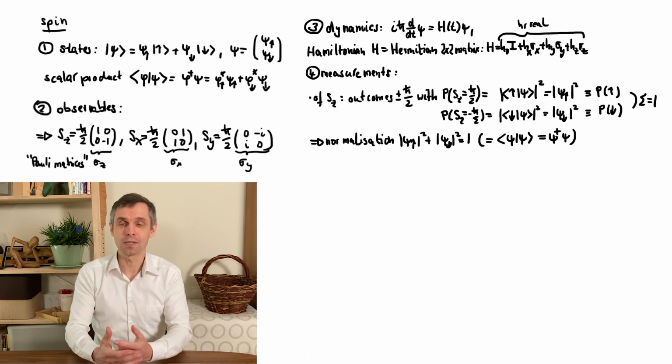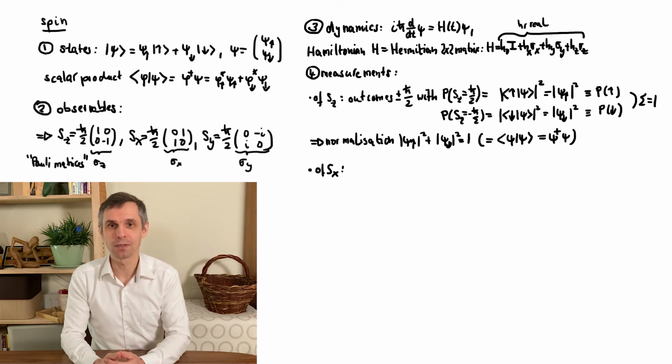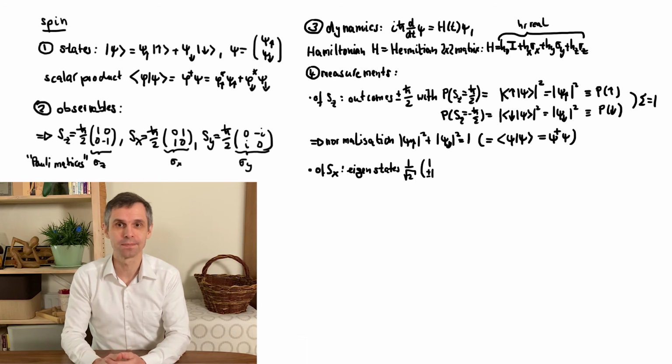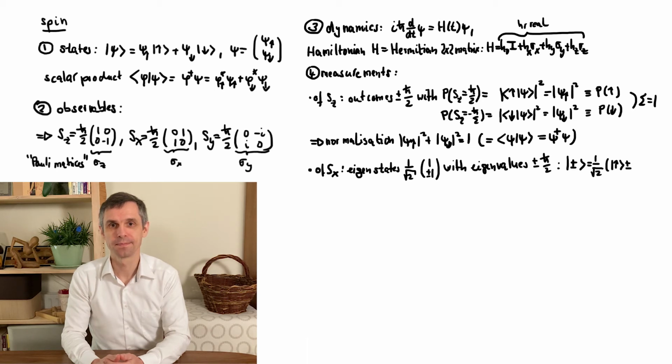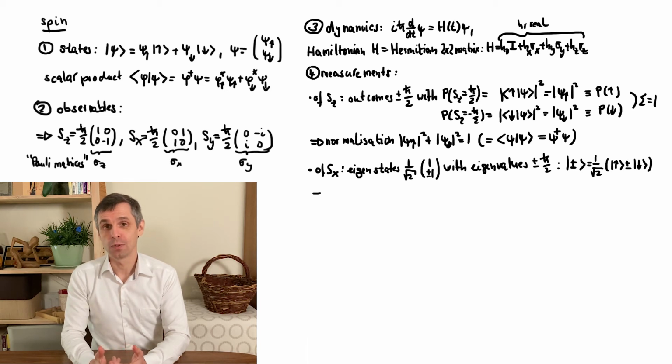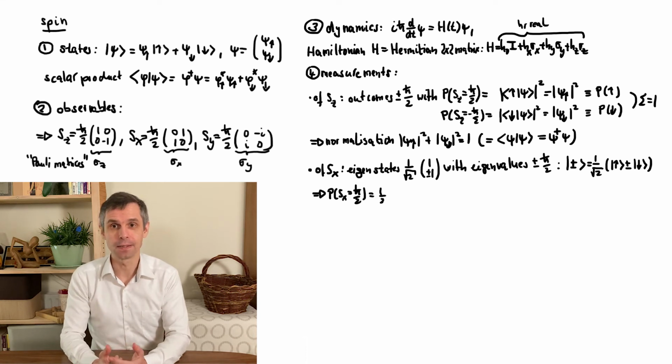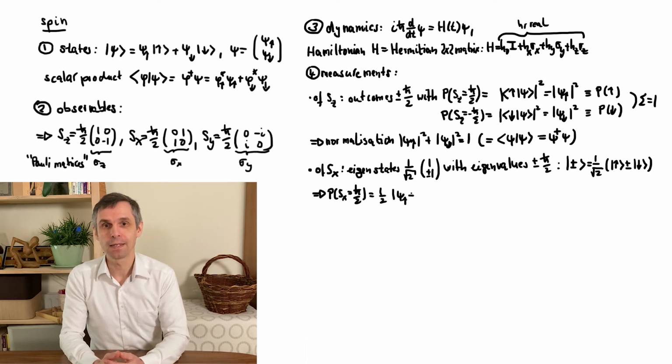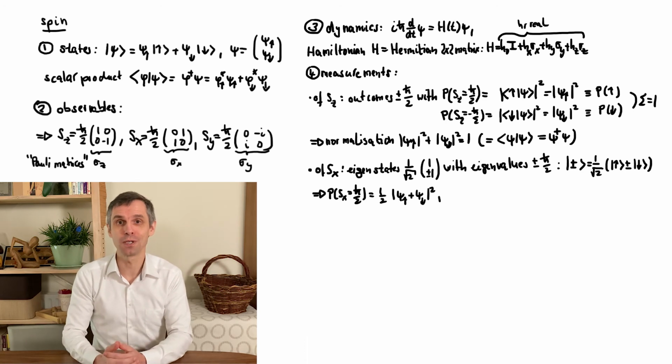Now, Sx also has 2 eigenvalues, and they again turn out to be plus or minus h bar over 2, just with different eigenstates. Using our general definition of the probabilities with the scalar product between the eigenstate and the quantum state of the system, we then find explicit expressions for the corresponding probabilities.